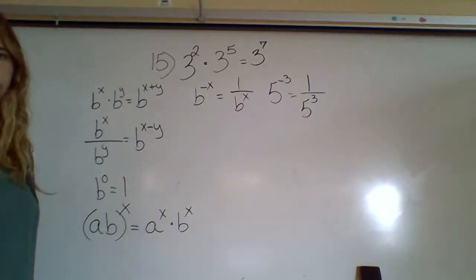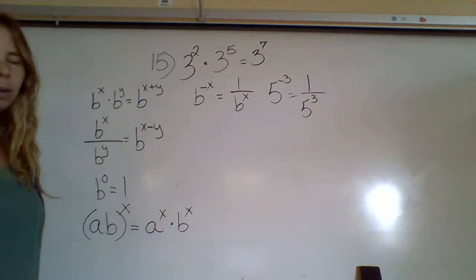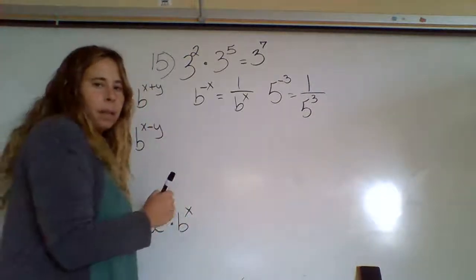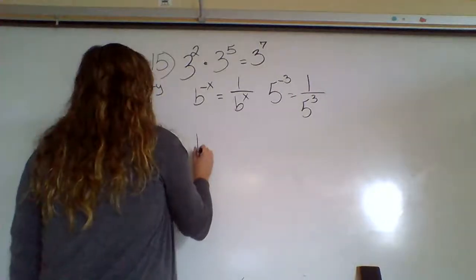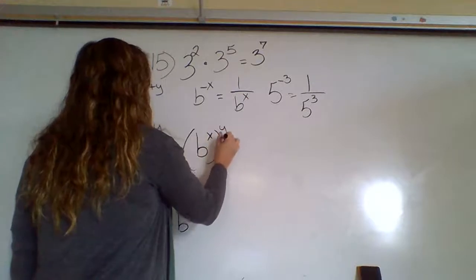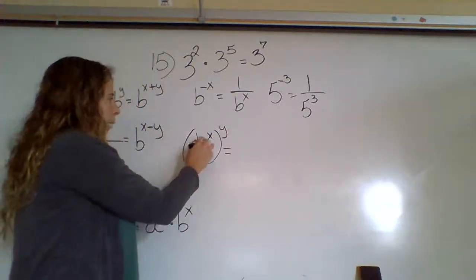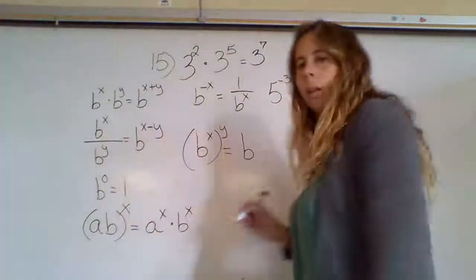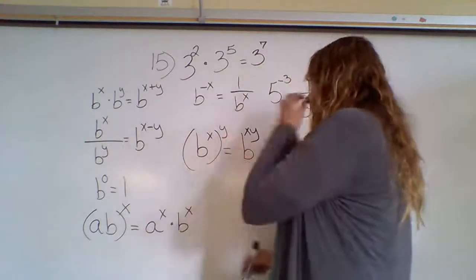Okay, and then I don't know if you need this one. We'll just do it. If you have b to the x raised to the y, okay, so in parentheses, b to the x raised to the y power, that turns into b to the x times y. All right, so then you multiply your exponents together.